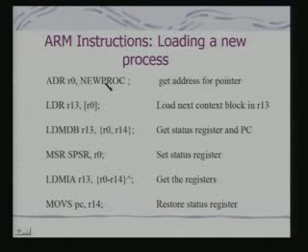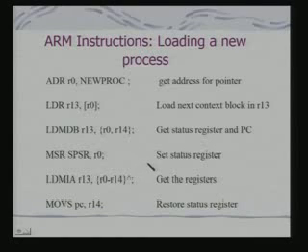Let's look at the sequence of instructions, how it works out. You get the address pointer for the PCB of the new process. Then you load the next context block in R13, because that is where the stack pointer should point. Get your status register and the PC, because that's from the location you will be getting.